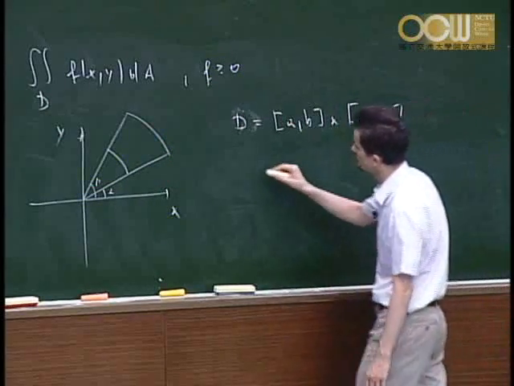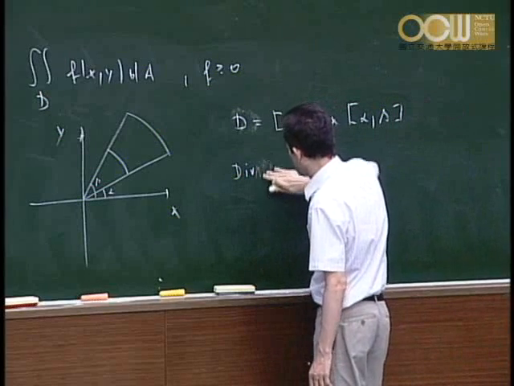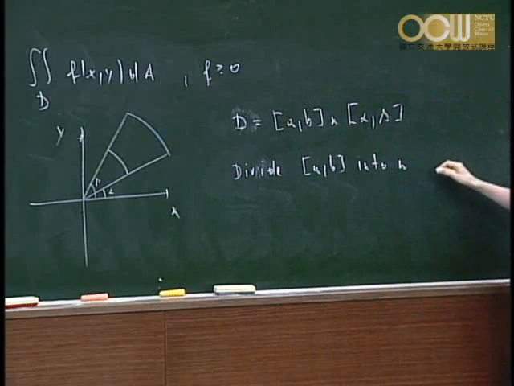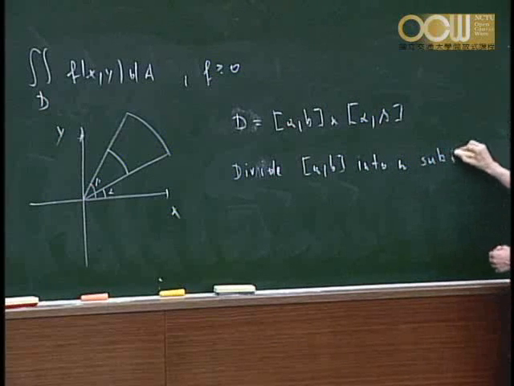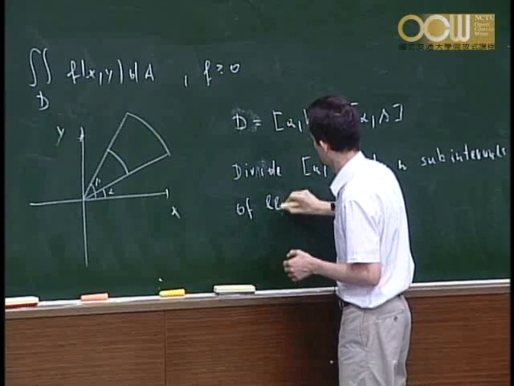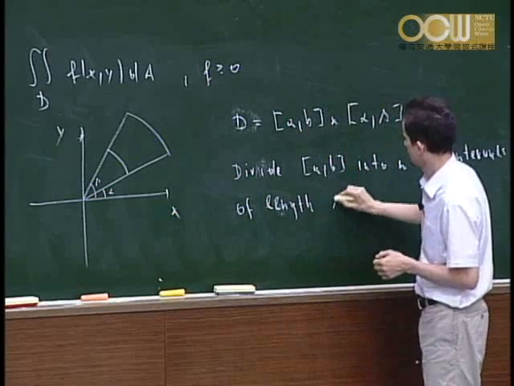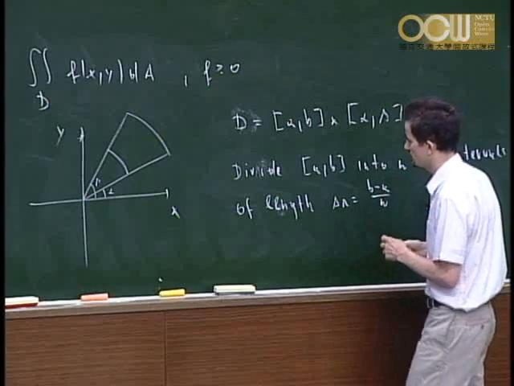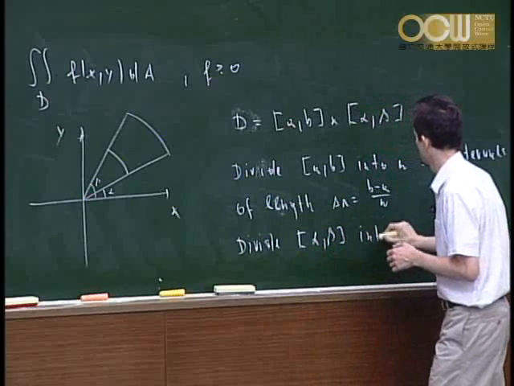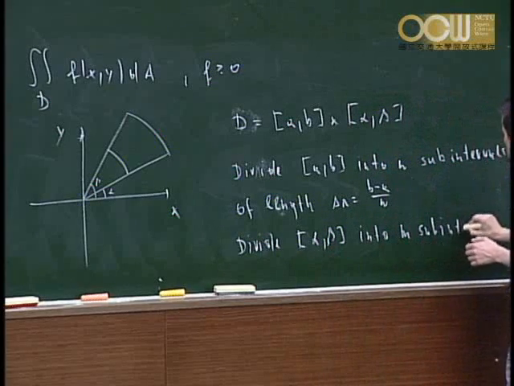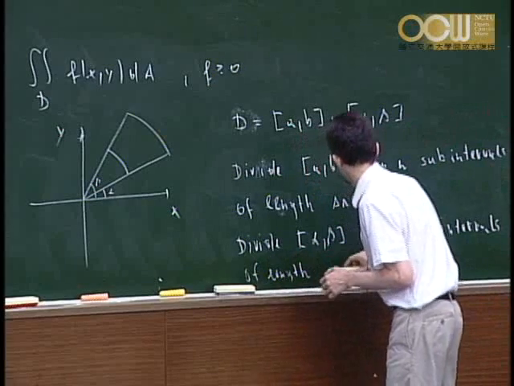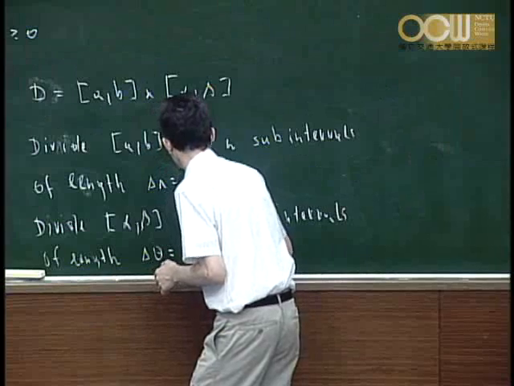We divide [A, B] into n subintervals of length delta r, which is (b minus a) over n, and we divide [alpha, beta] into m subintervals of length delta theta, which is (beta minus alpha) over m.